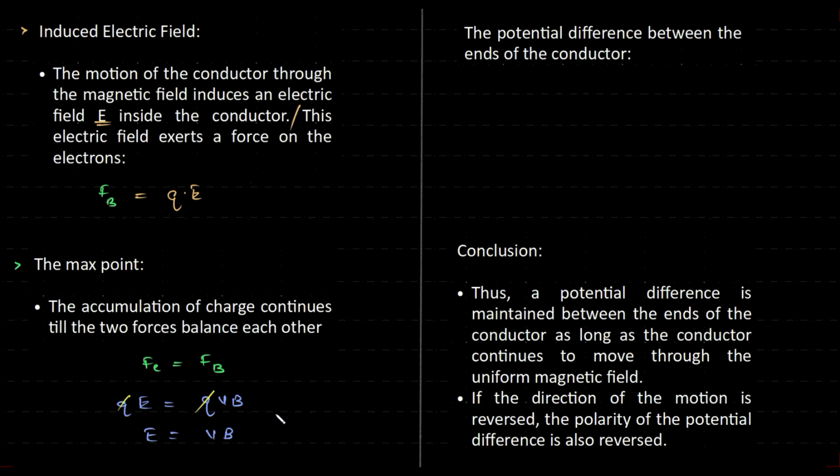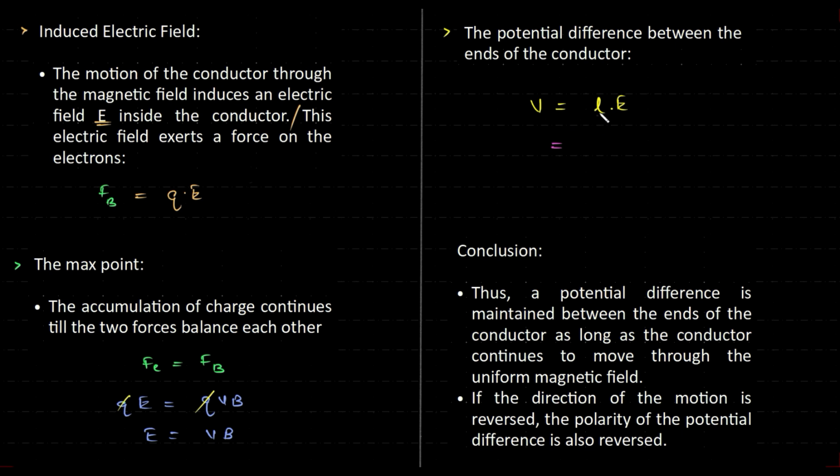So this is the electrical field that is experienced inside the rod. What is the potential difference between the ends of the conductor? Again, go back to basics.